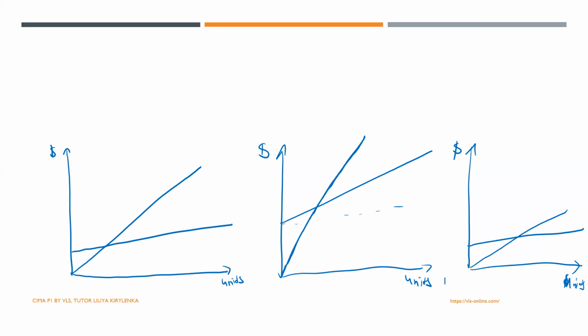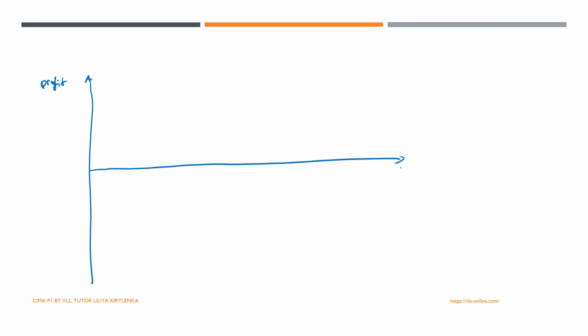If we have the angle which is smaller, then the proportion of variable cost is lower. We can also find a graph that will show us contribution per unit. Now let us have a look what's going to be if we have a single graph.